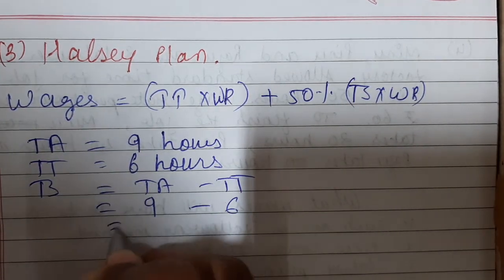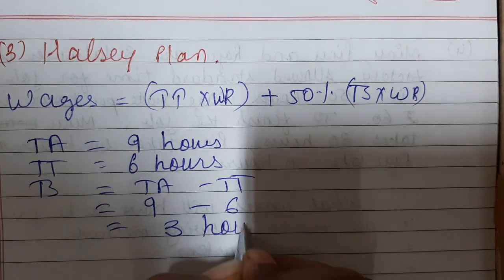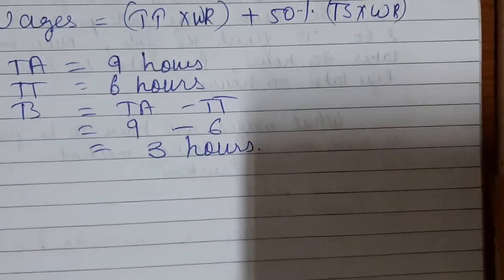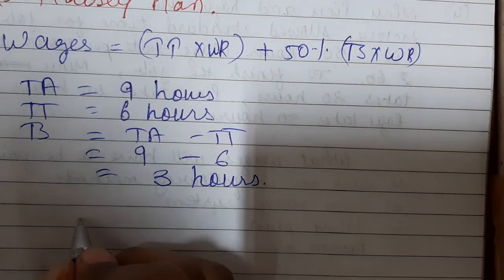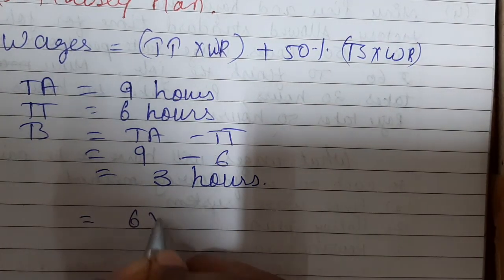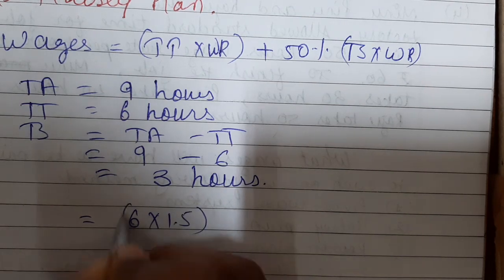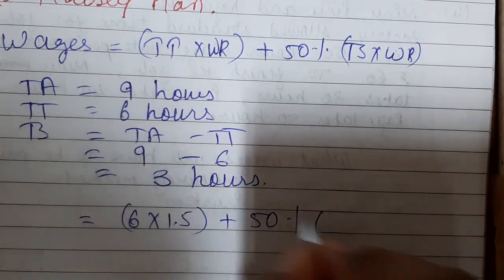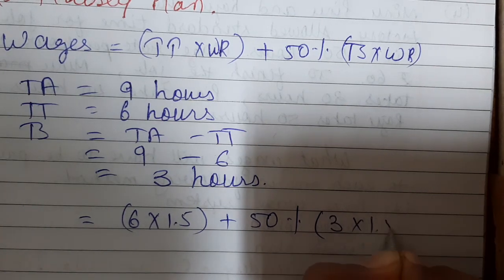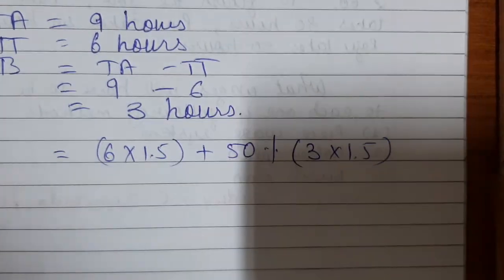So 9 minus 6, so time saved is 3 hours. Now we can place the same thing in a formula. Time taken is 6, wage rate 1.5, plus 50% of time saved 3 hours into 1.5.